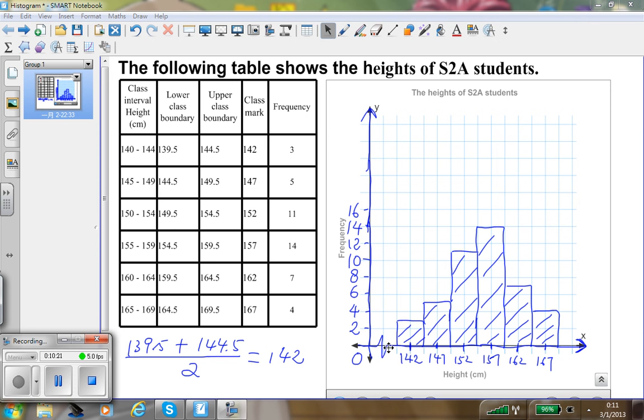It means this part does not follow the scale of the graph for the other parts. And for each class or each bar here, we label it with the class mark, and the class mark is the middle value.